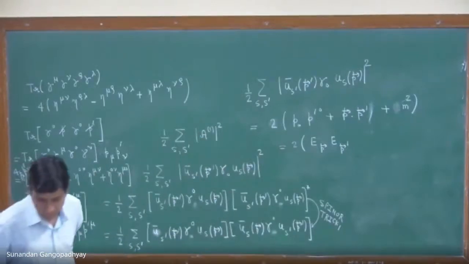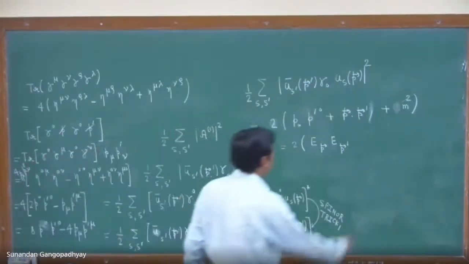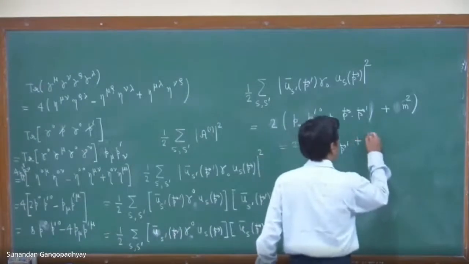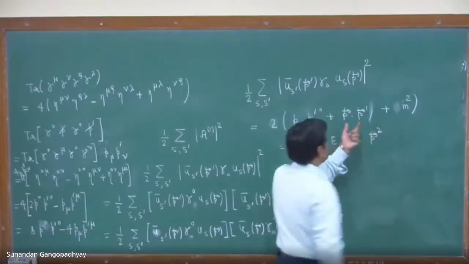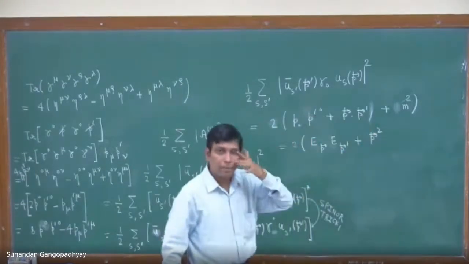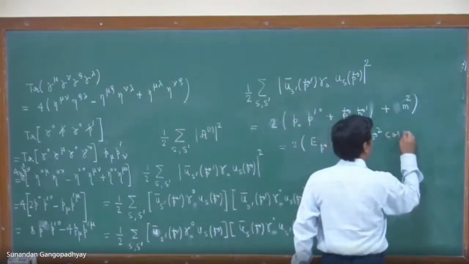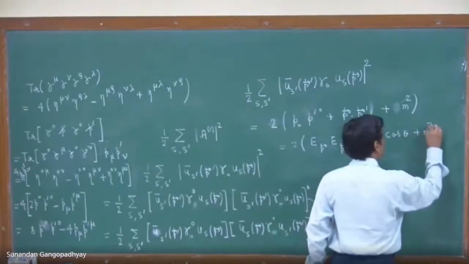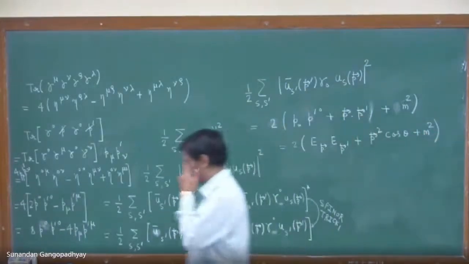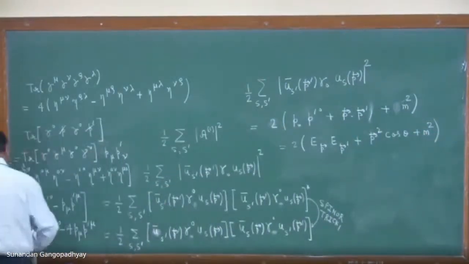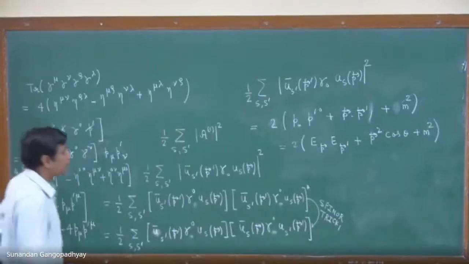And this you can write down as P squared, since mod P is equal to mod P prime, because the scattering is elastic and the angle between them is theta.